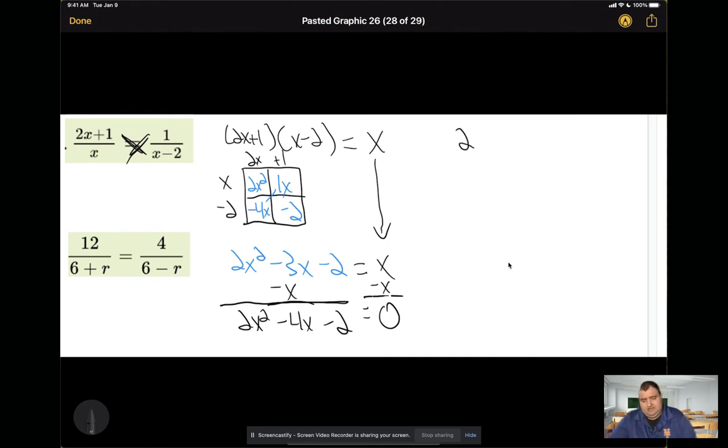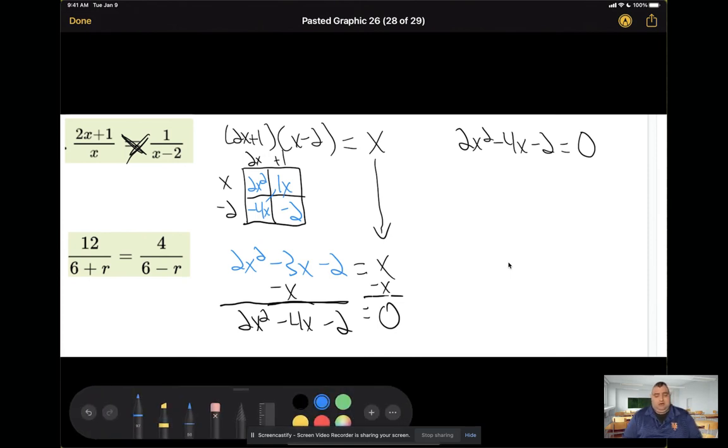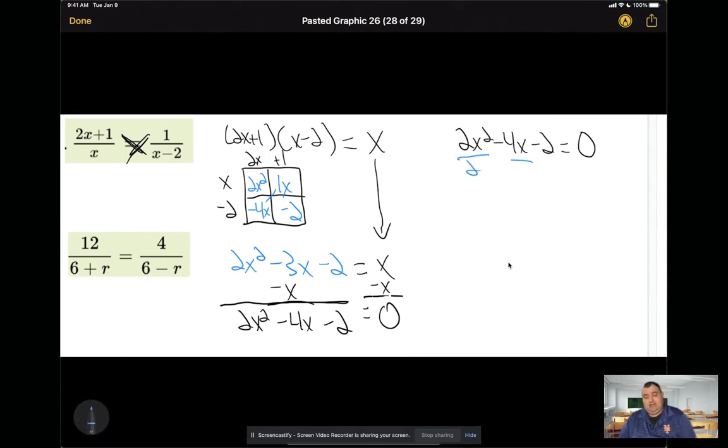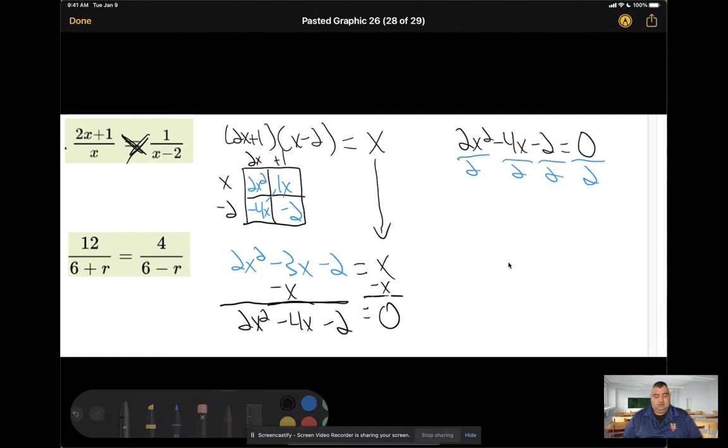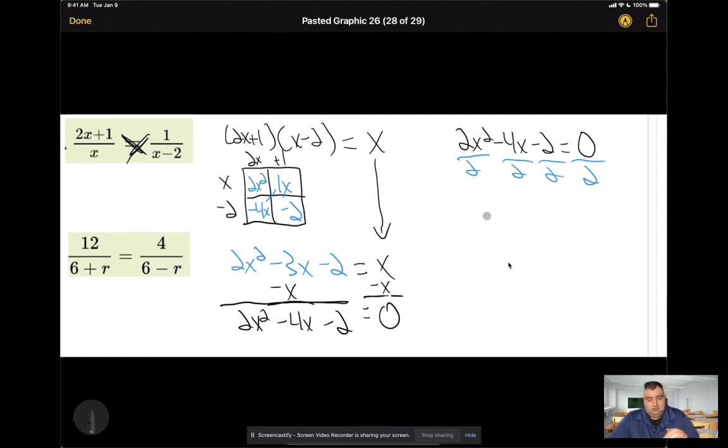Let me rewrite that up here. Because all the terms here are even, I can divide each term by 2 to make things a little easier. So 2x squared divided by 2 is going to be x squared.